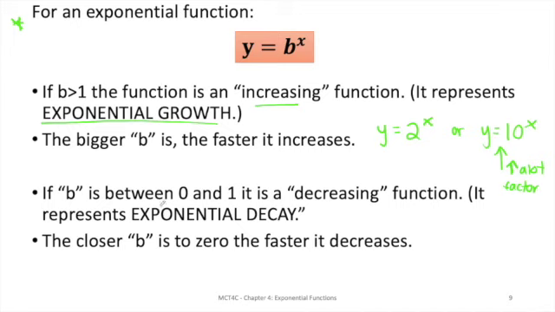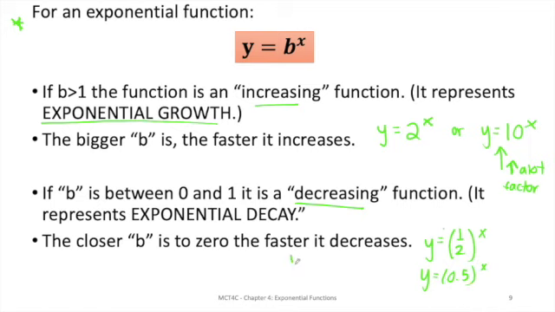If b is between 0 and 1, it is a decreasing function, and it represents exponential decay. The closer b is to 0, the faster it decreases. So if you have y equals (1/2)^x, that would be y equals 0.5 to the exponent x.